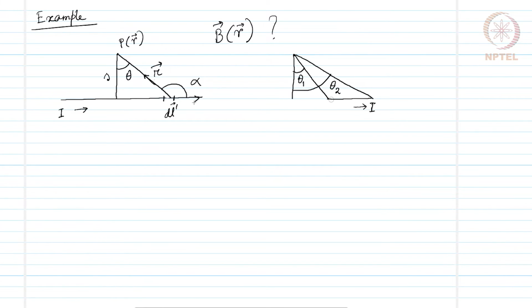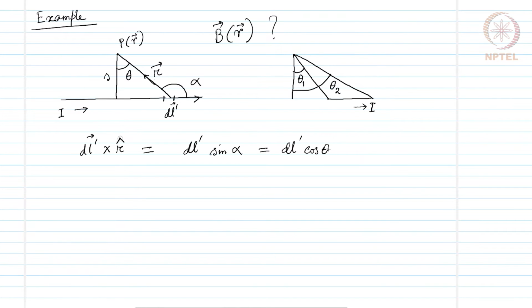The magnitude is given by dl prime cross r cap, and its magnitude is dl prime sine alpha, that equals dl prime cosine theta.